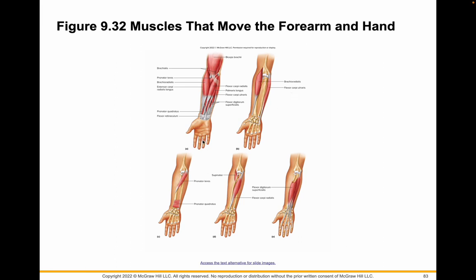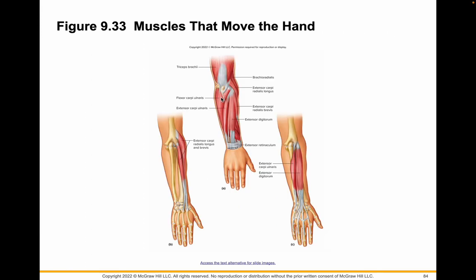If you're going to bend, if you're going to be a flexor and bend these digits, you would be on the anterior side of the arm. If you're going to extend those digits, you would be on the posterior side of the arm. So that's why they call them extensors on the posterior side and flexors on the anterior side.